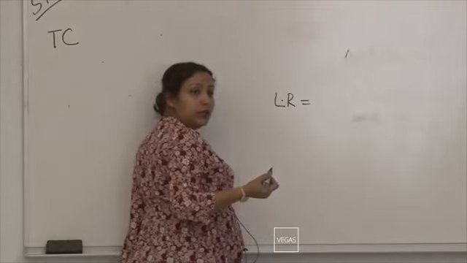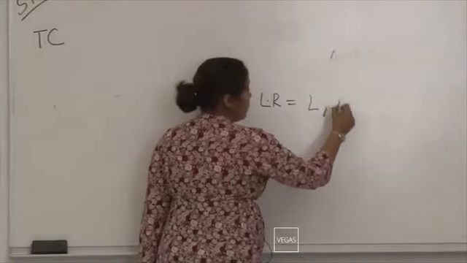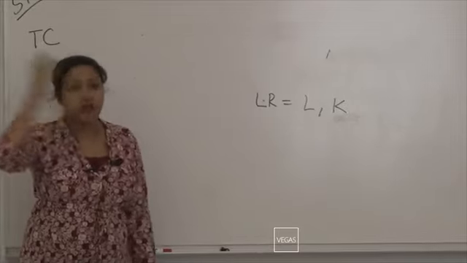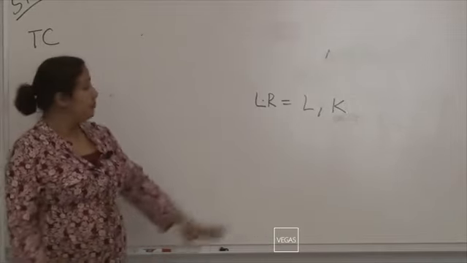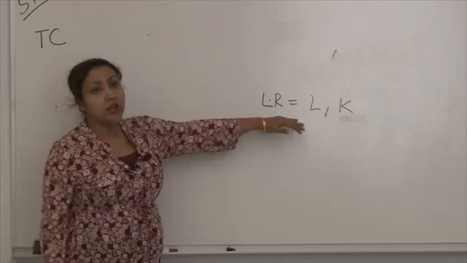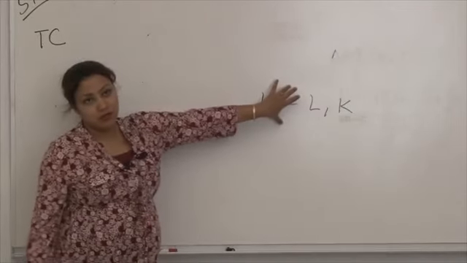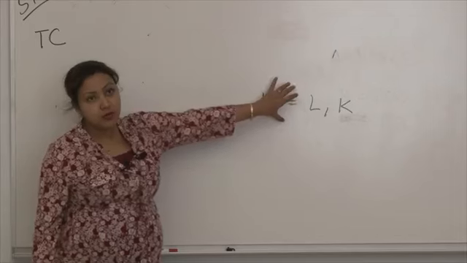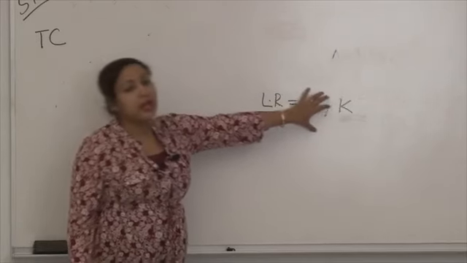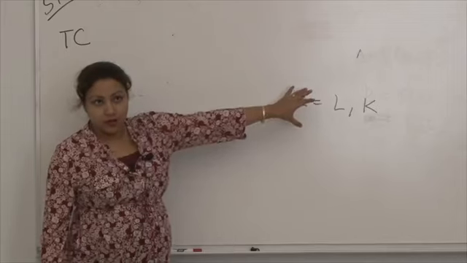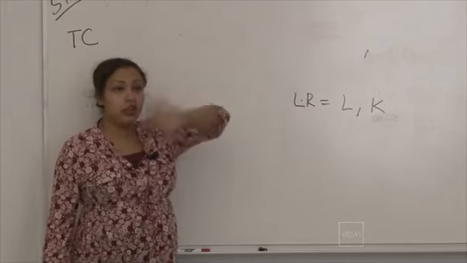In the long run, when both inputs are variable, in a country like America you would have more capital and less labor. Do you see what I am saying? It is more capital being used than labor in a country like America or any developed country, if it is long run, if both can be changed.